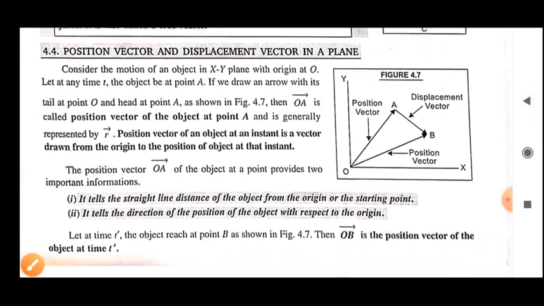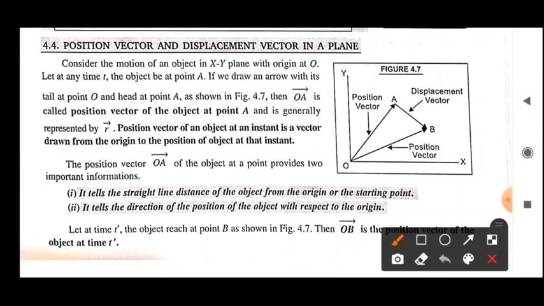Now let's see the next vectors, that is position vector and displacement vector. In this figure you can see two axes, OX and OY, so we have a plane. In this plane, A and B are two points.